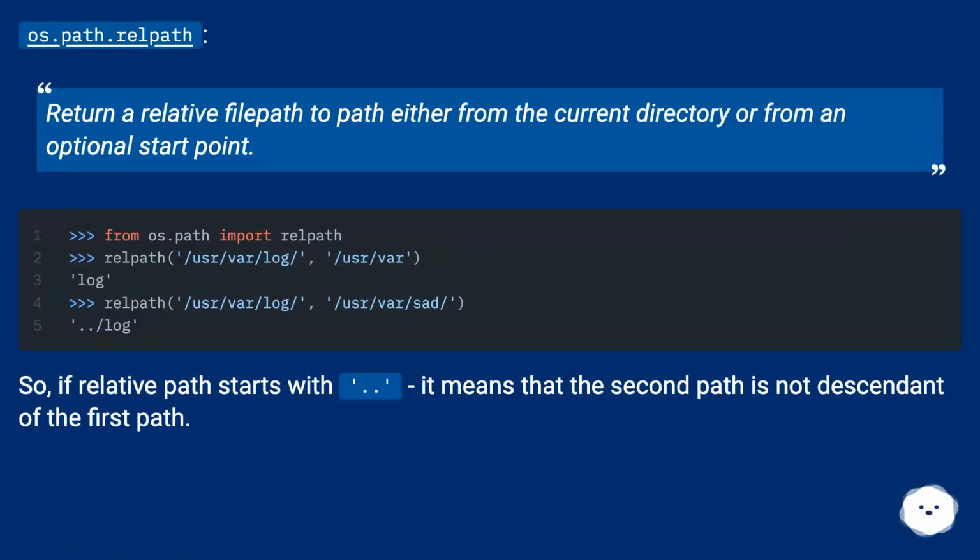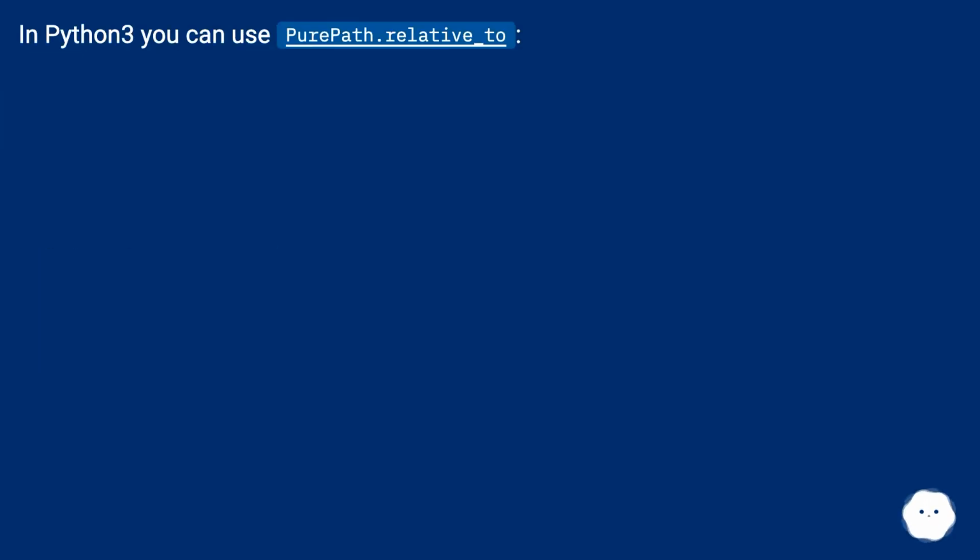os.path.relpath returns a relative file path to path either from the current directory or from an optional start point. So, if the relative path starts with a dot, it means that the second path is not a descendant of the first path. In Python 3 you can use PurePath.relative_to.